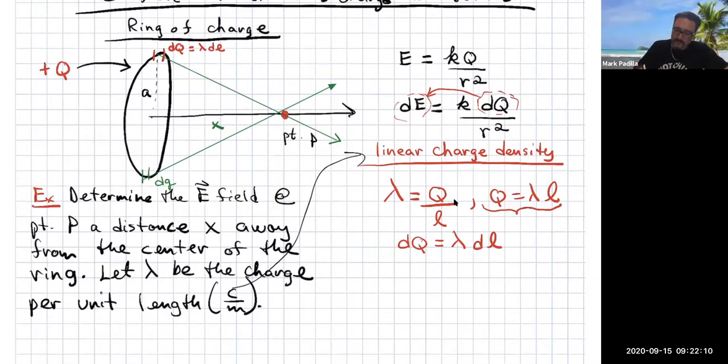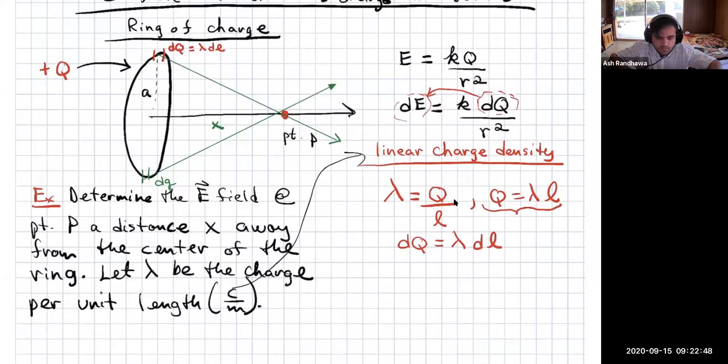The ring is uniform. It has uniform charge density. That's why I'm talking about linear charge density. That's important because you can build rings that have more charge on one side than the other based off the metallurgy of the ring itself. But we're dealing with simple situations. Everything on the ring is totally uniform. The total charge is plus Q, and I'm breaking it up into these little dq's.